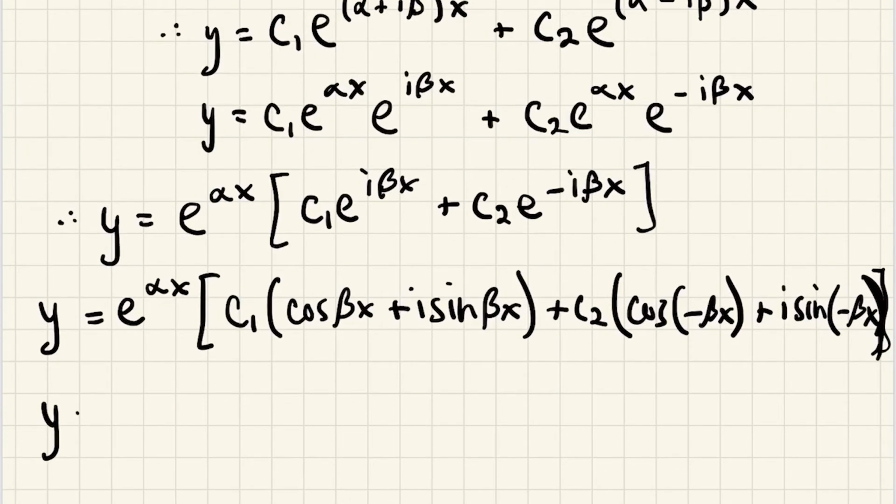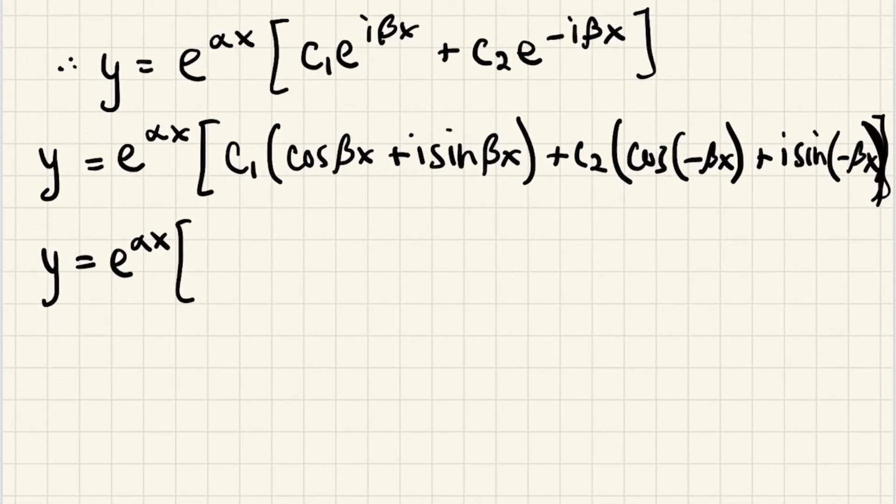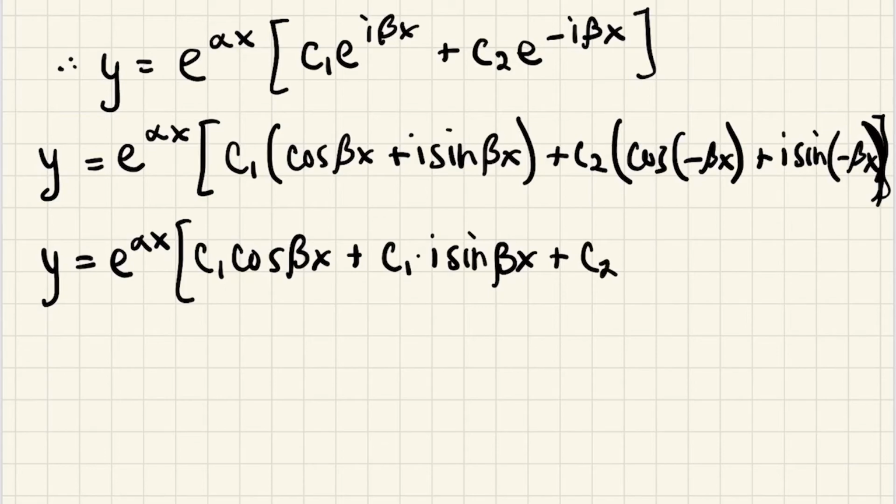All right, so y is equal to e to the alpha x times, let's distribute the c1. So we have c1 cosine of beta x plus c1 times i sine of beta x plus c2 times cosine of, now cosine's an even function, so cosine of negative stuff is the same as cosine of positive stuff. So let's just write that as cosine of positive beta x. And since sine is an odd function, sine of negative stuff is negative sine of stuff.